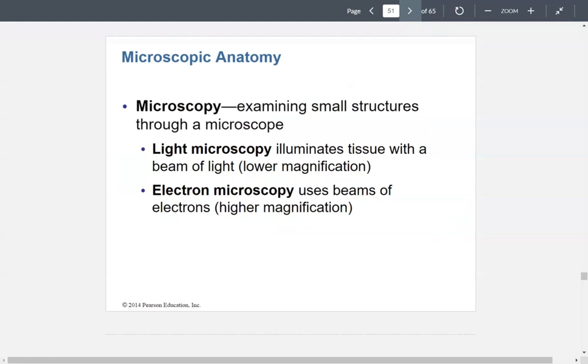Electron microscopy, we love to see the images from that, but it is super expensive. This school does not have one, and in fact, many schools do not have an electron microscope because they're so expensive. But they give you really detailed, really clear images of very small things.